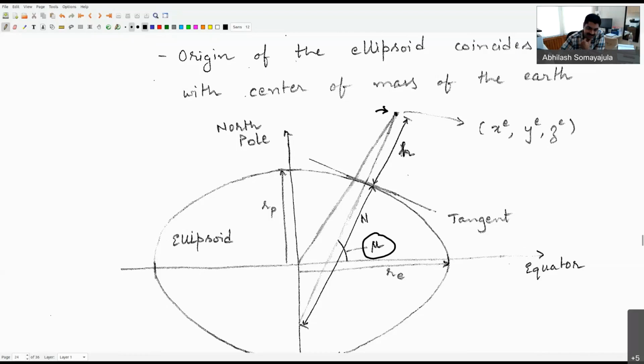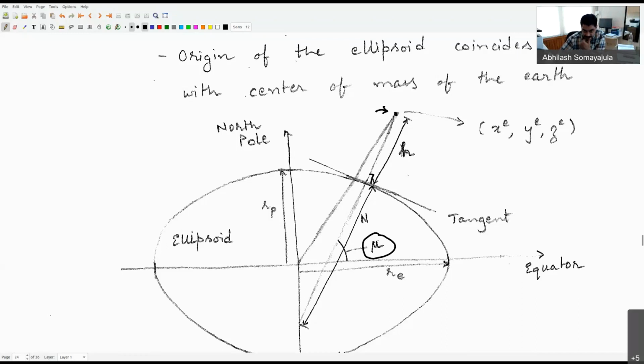Notice that the latitude is not the angle of the line segment joining the center of the Earth to the point. That's not the latitude. Latitude is given by the normal. So we look at the perpendicular dropped from the point onto the tangent plane, and that angle is mu.